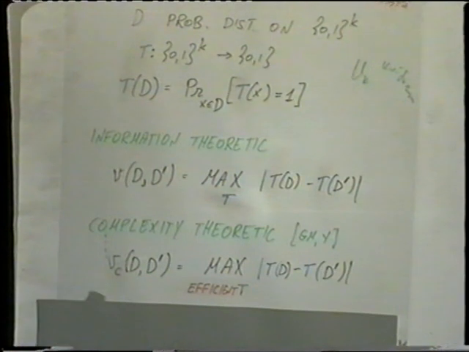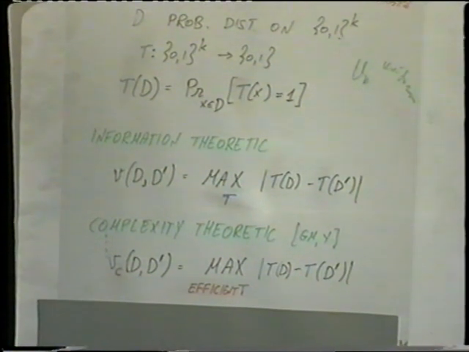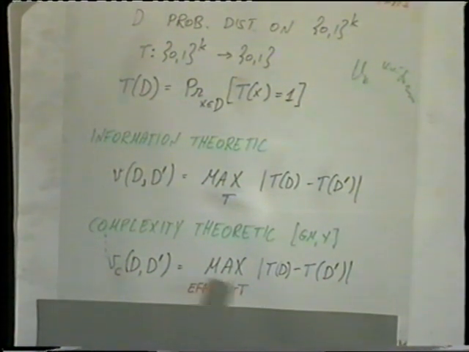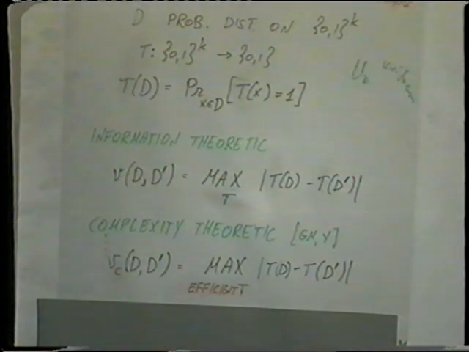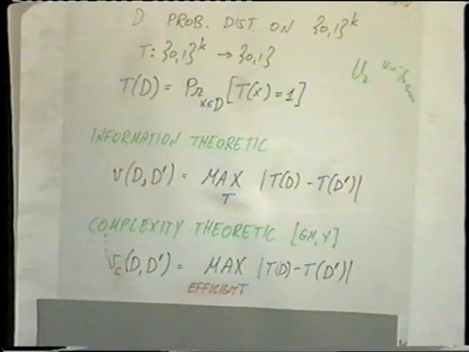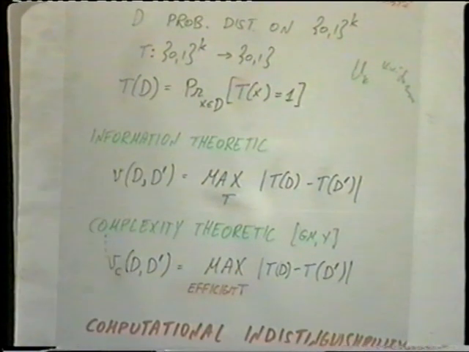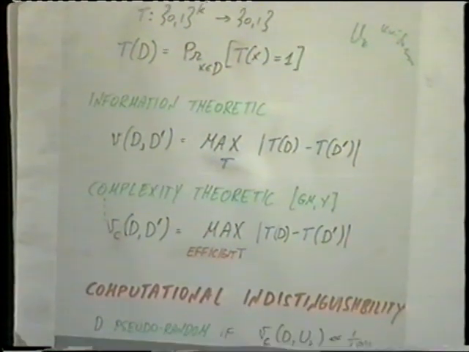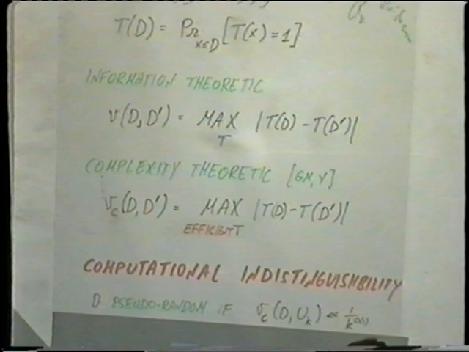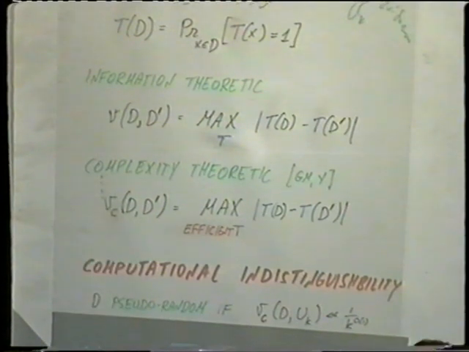So the distance we define, the computational variation distance, is the maximum when it ranges only over efficient tests, like polynomial size circuits. If in this metric the distance is small, then we say that the two distributions are computationally indistinguishable, because they cannot be told apart.